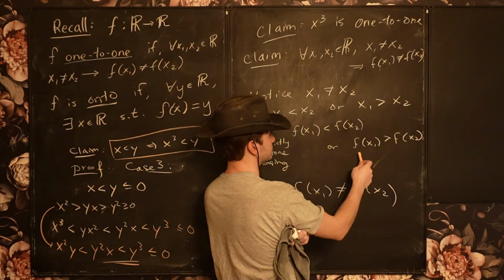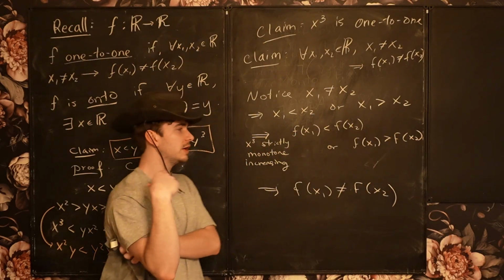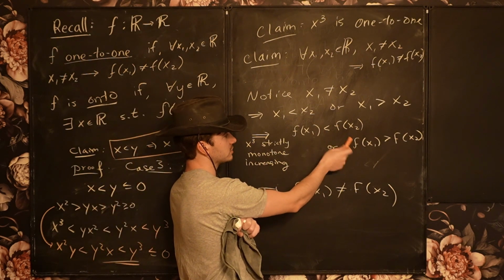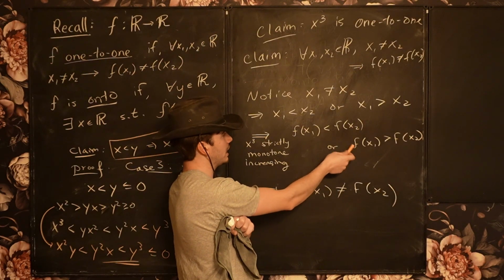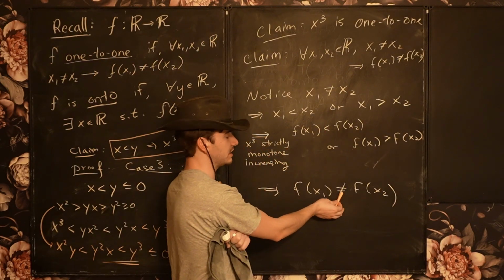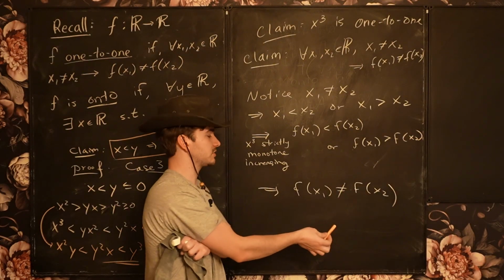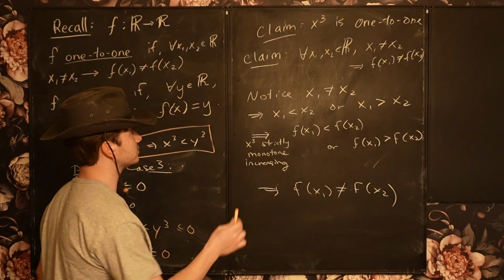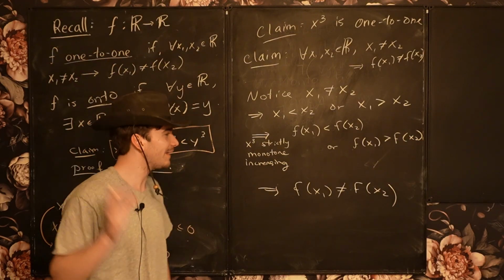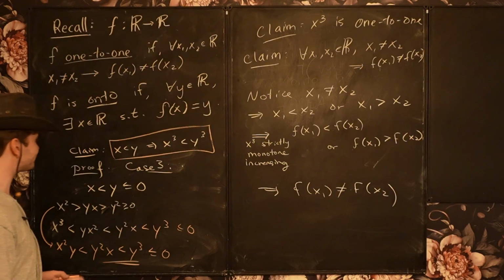Similarly, x1 greater than x2 implies f of x1 greater than f of x2. One of these is guaranteed to be true, and in either case, if I have a strict inequality, then I'm guaranteed lack of equality. So I have lack of equality here. So this tells me that f of x equals x cubed is 1 to 1. Wow, it took so long.